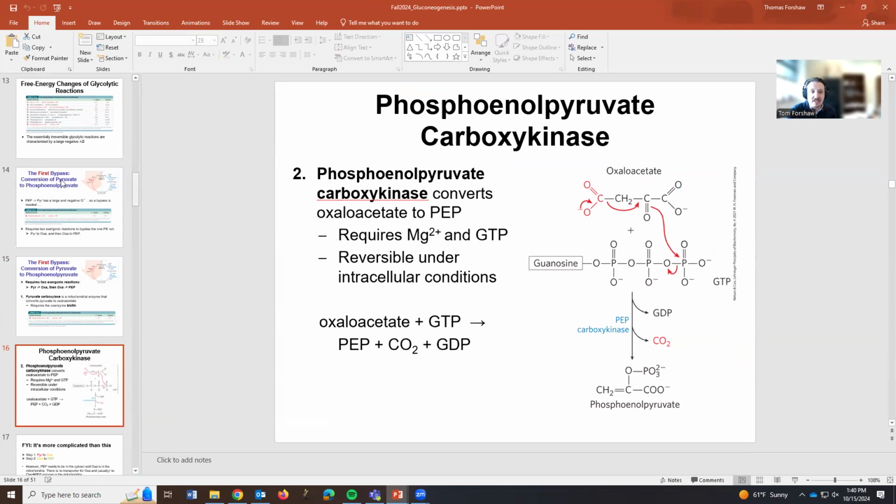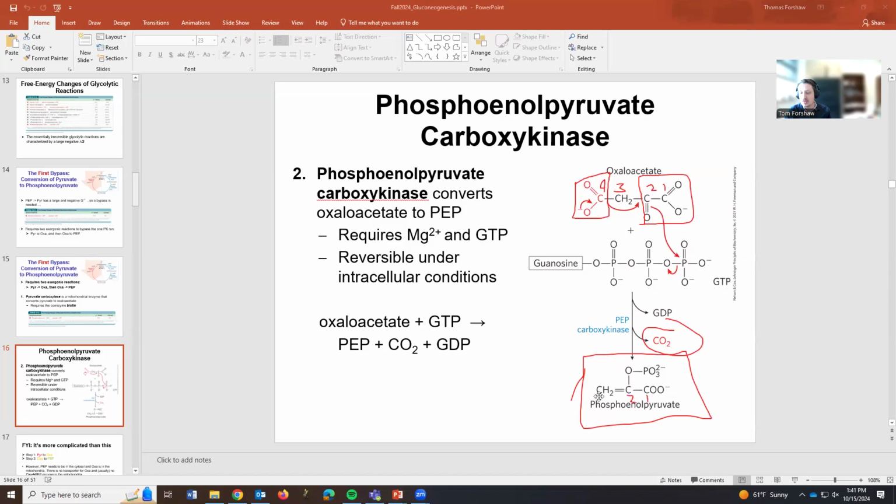You can see that it's the same thing, where we have carbon 1, 2, 3, 4, and here's the keto acid group, and the carbon furthest away is what was added on as the CO2. And in part 2 of step 1B, part 2 of bypass 1, you see that carbon number 4, the CO2, leaves to leave you with PEP, and that's what you've generated.